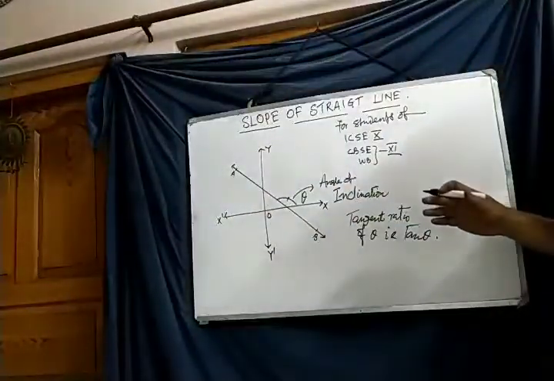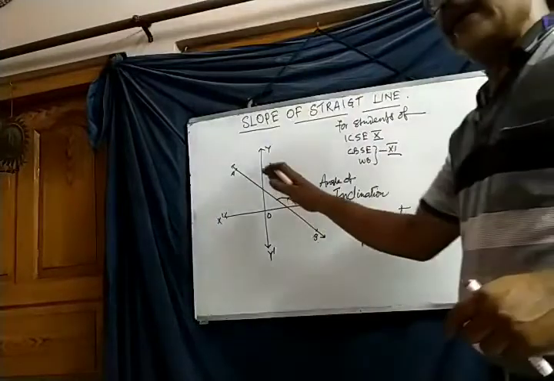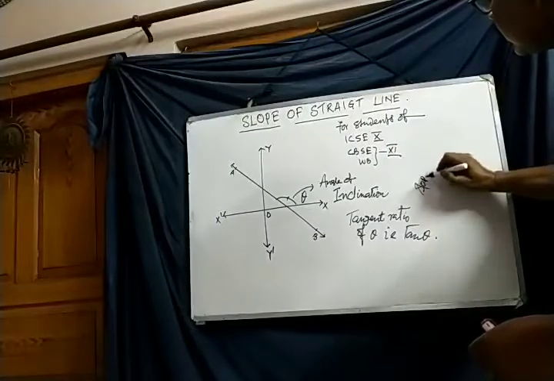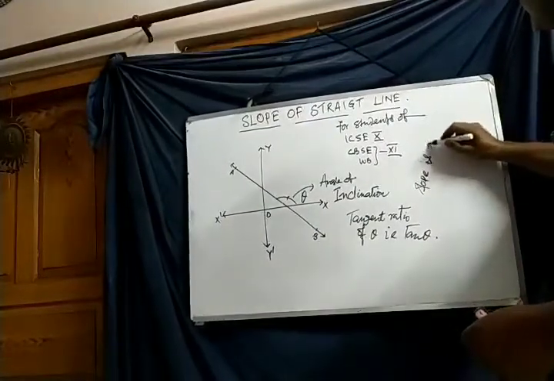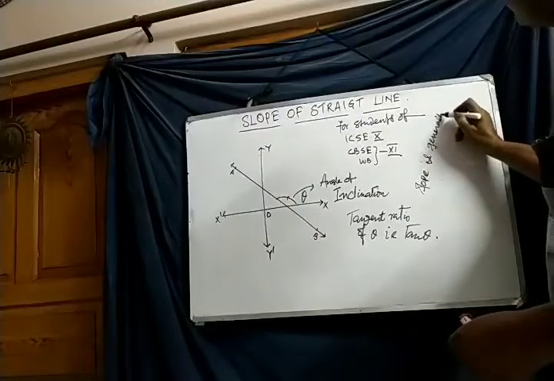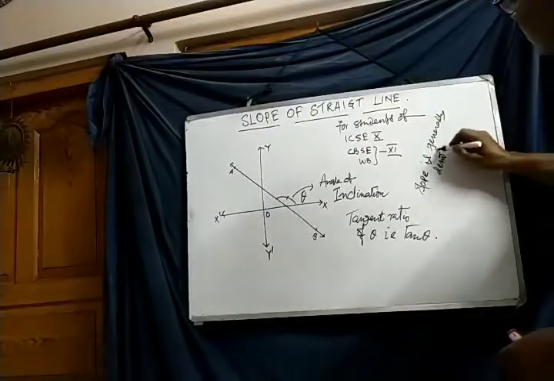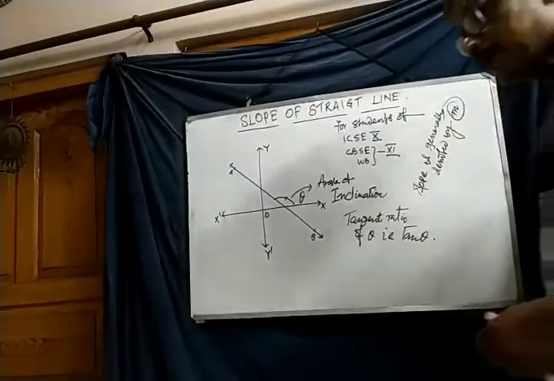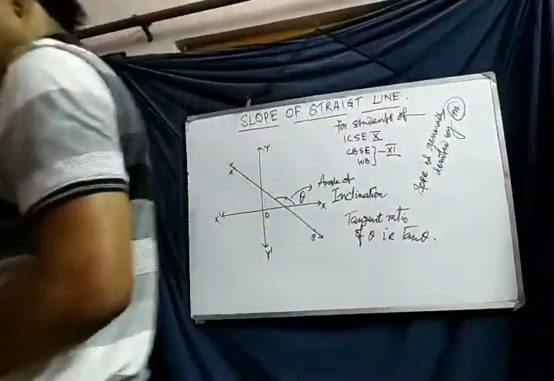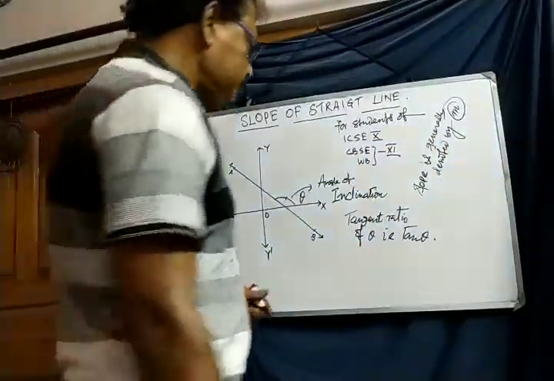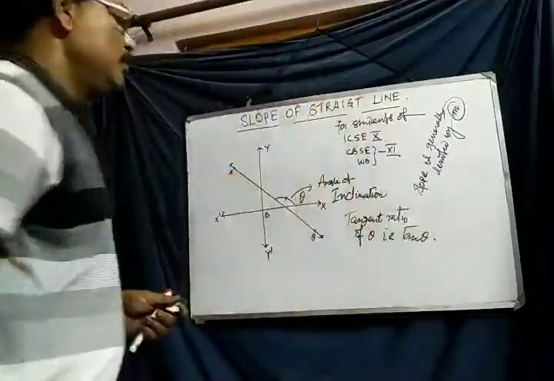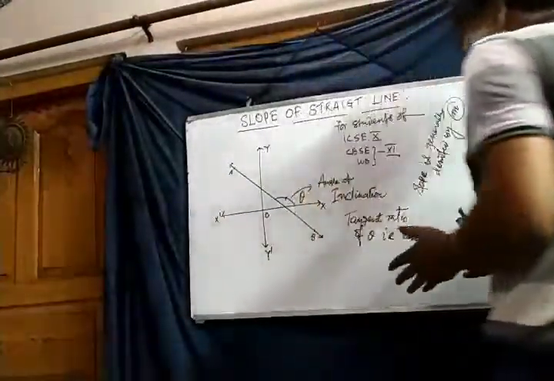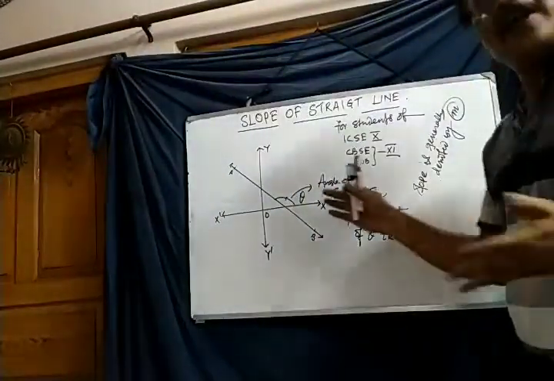In this figure, tan theta is called slope of the straight line AB, and slope is generally denoted by small m in mathematics. Therefore, we understand what is slope. Slope is only the tangent ratio of the angle of inclination.